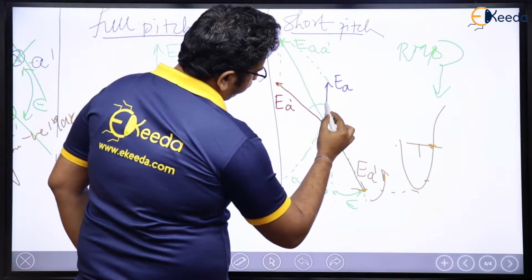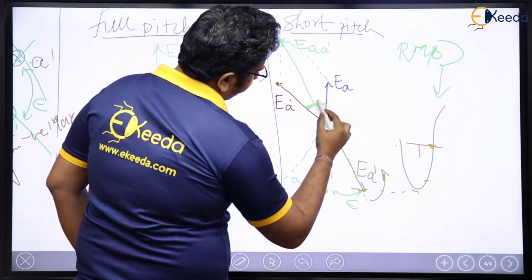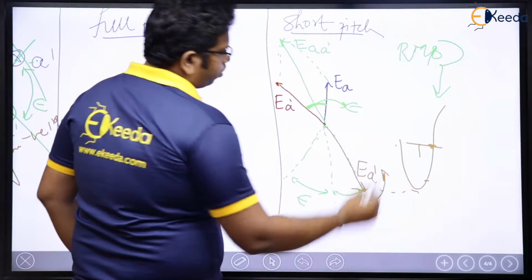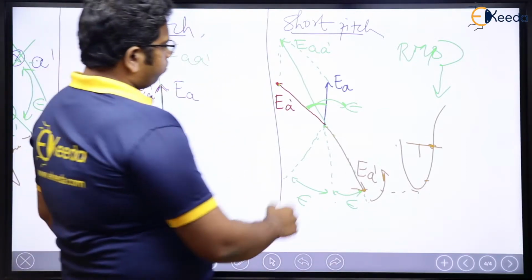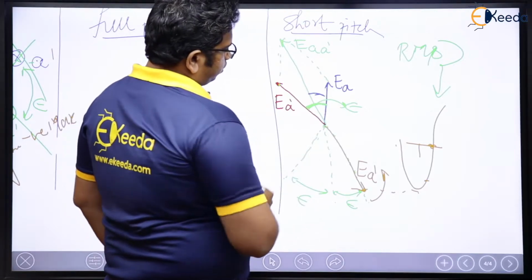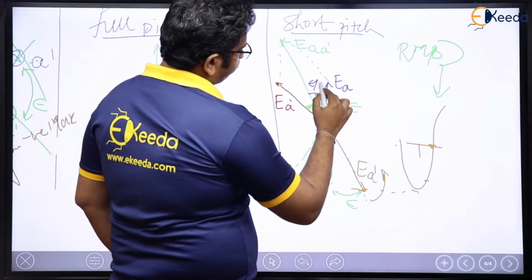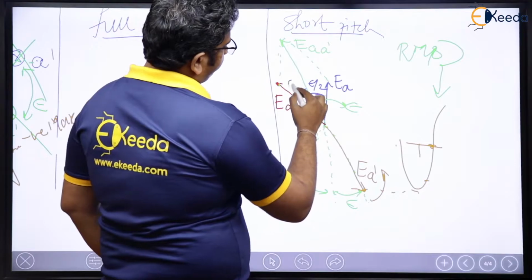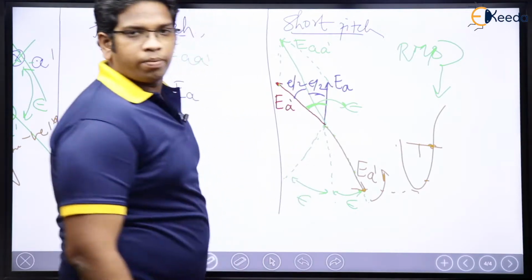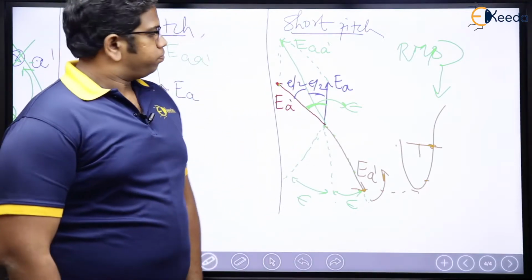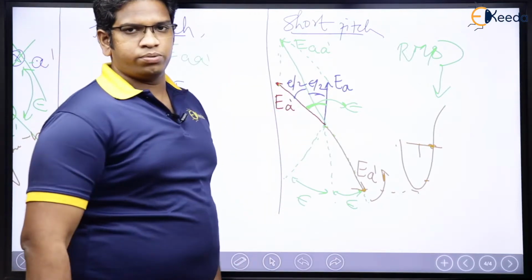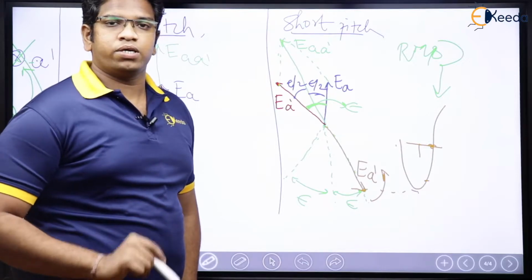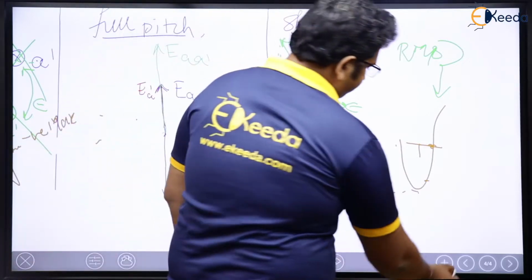Vertically opposite to this complete angle is going to be epsilon. So what about this angle? This angle is going to be epsilon by 2, and this angle is also going to be epsilon by 2. Now see here, because of short pitching, what has happened? RMS value has reduced. So now let us define what is the meaning of pitch factor.